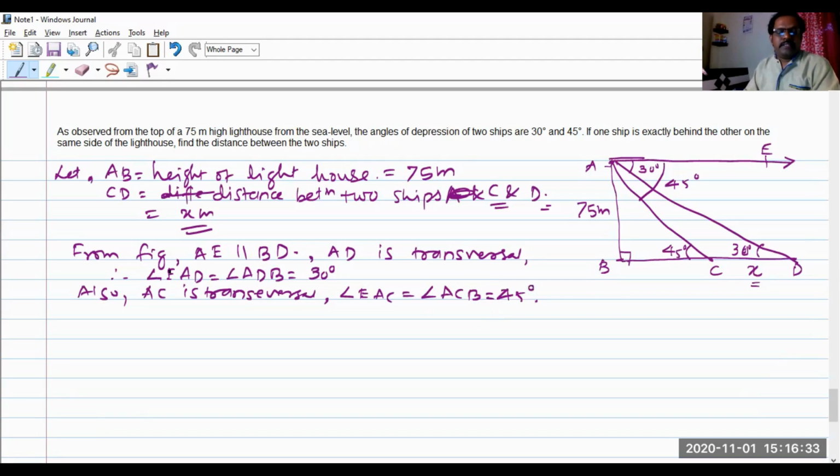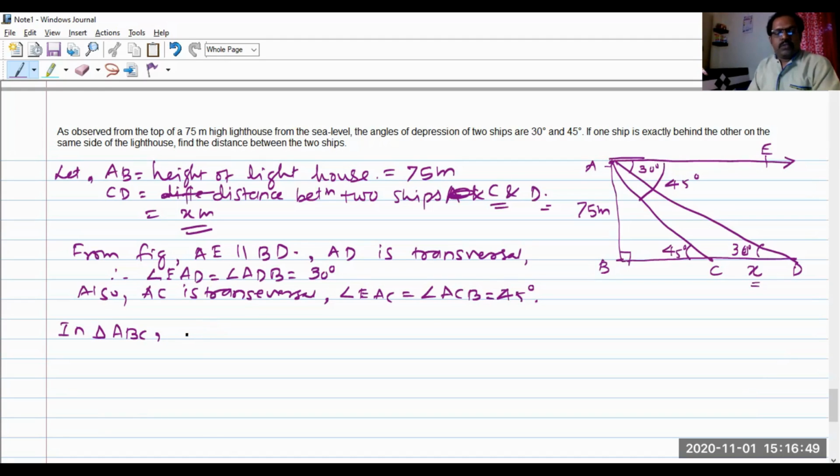So with the help of this we can use this right angle triangle. We consider triangle ABC first.